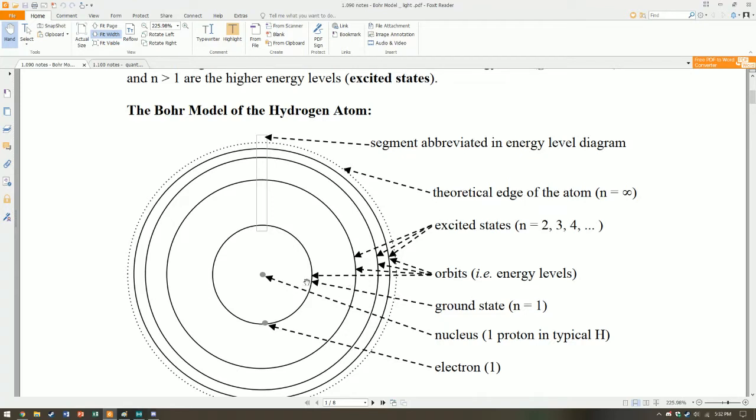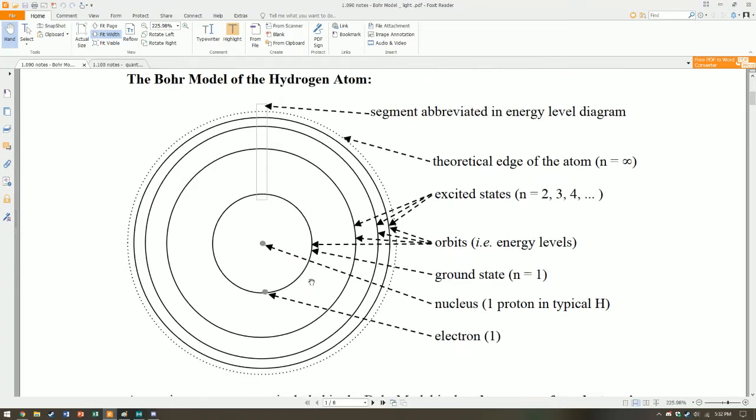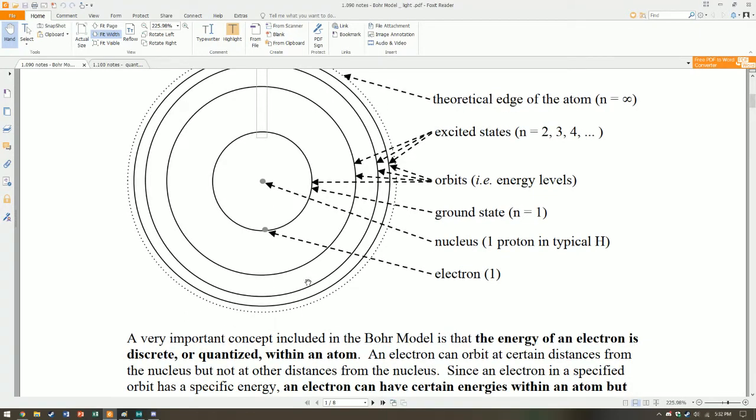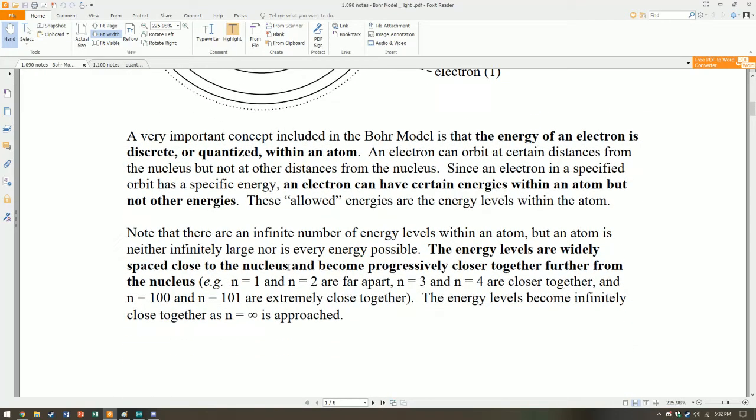So these were denoted as energy levels, the lowest one being energy level 1, and then going up in successive order 2, 3, 4, 5, and so forth. The important idea here is that the energy is quantized, i.e., they can only have a specific amount. It can't have 1.9 or 2.1.